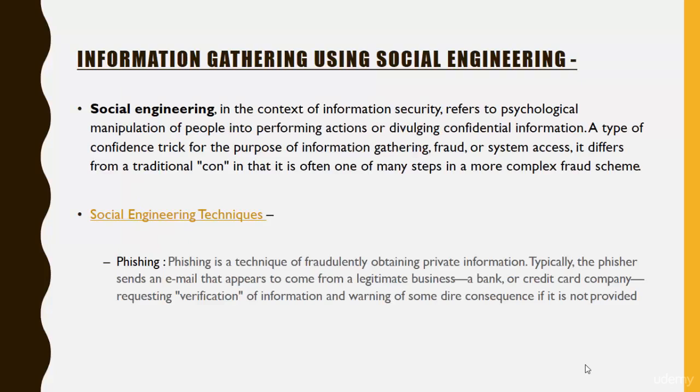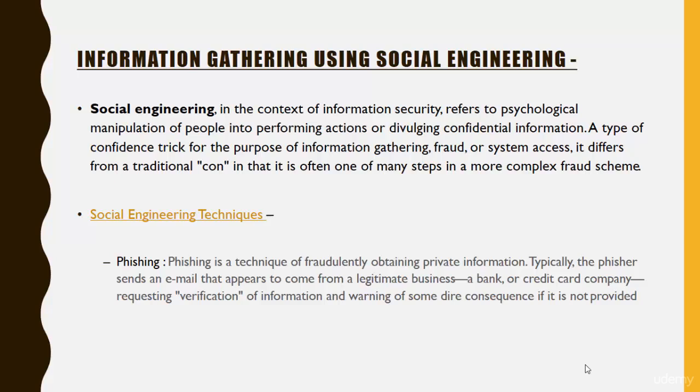Now, information gathering using social engineering. So what is social engineering and how can we gather information using this technique? Social engineering, in the context of information security, refers to psychological manipulation of people into performing actions or divulging confidential information. It is a type of confidence trick for the purpose of information gathering, fraud, or system access. It differs from a traditional con in that it is often one of many steps.